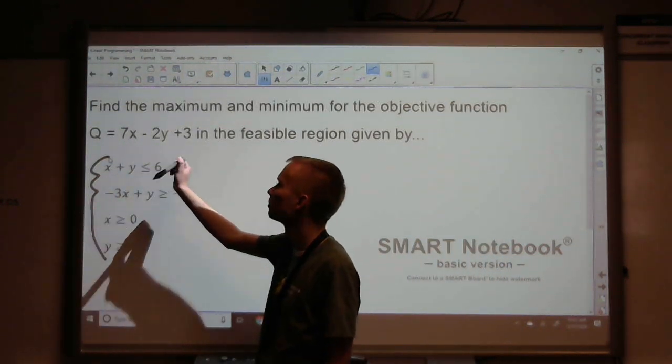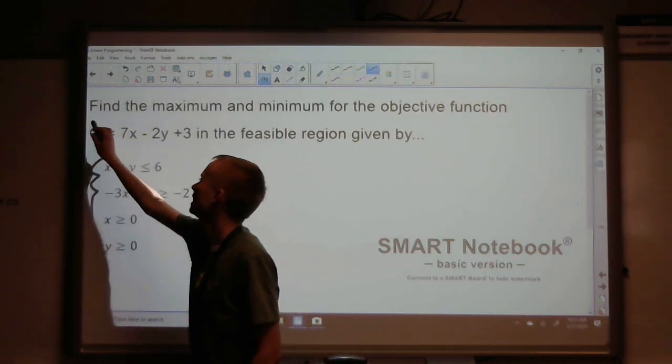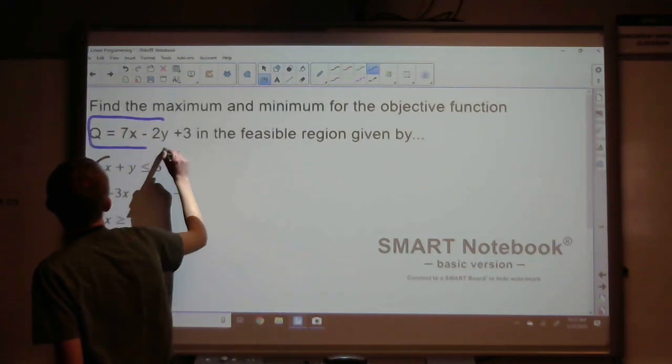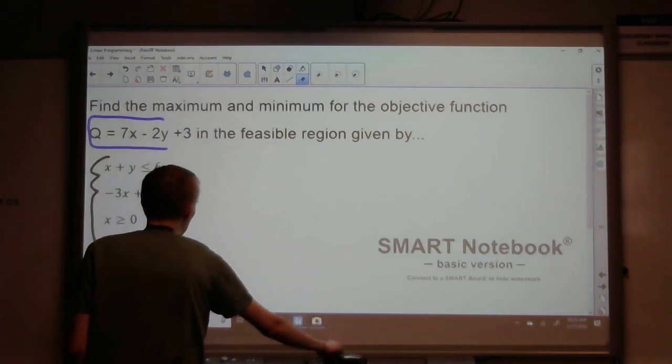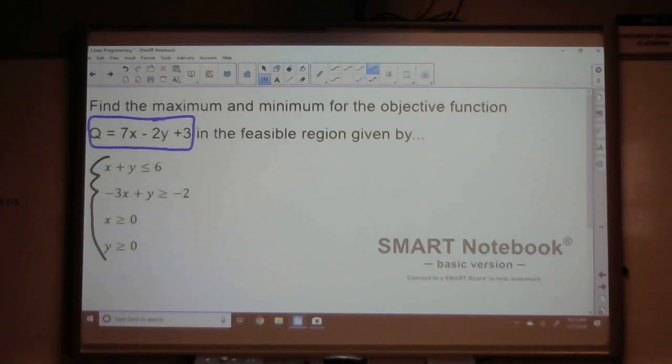So the function I'm going to be maximizing and minimizing in this case is this Q. It's 7x minus 2y plus 3. That's the thing we want to maximize. And then our feasible region is given by these inequalities.